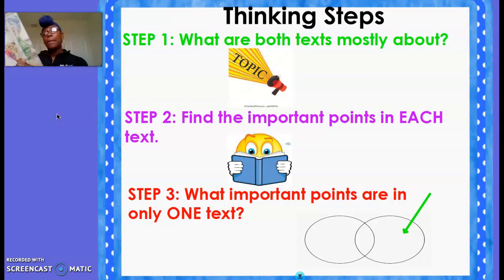I am reading the words on the page carefully. And I'm finding important points and details. If I don't know what a detail is, I use my text evidence and I see what the text is saying. I'm scanning the headings, I'm scanning the images, I'm scanning the words in the text to find the important points in both of my texts.